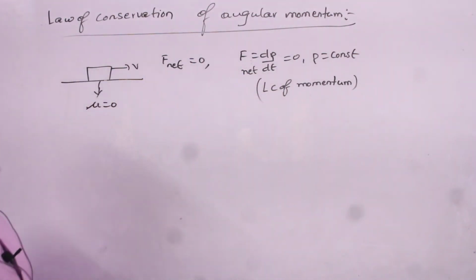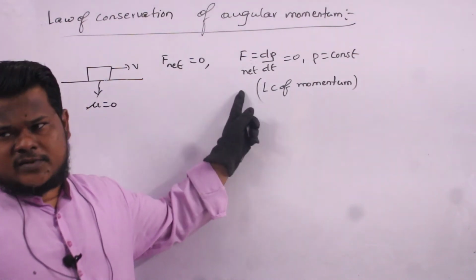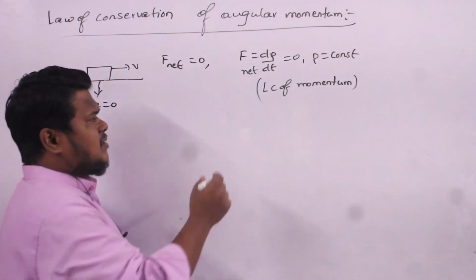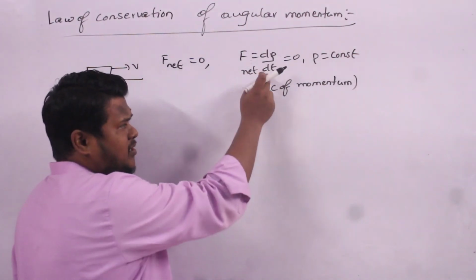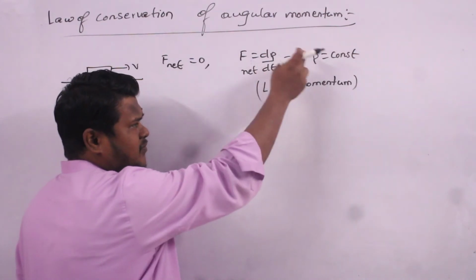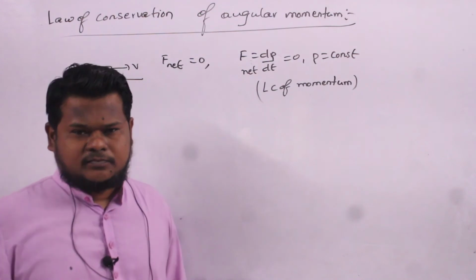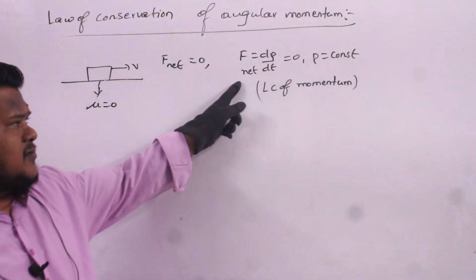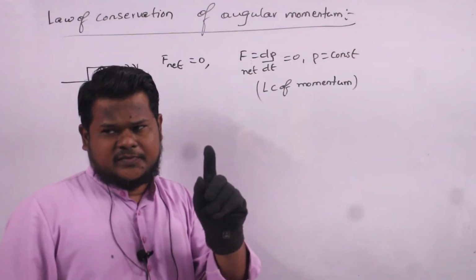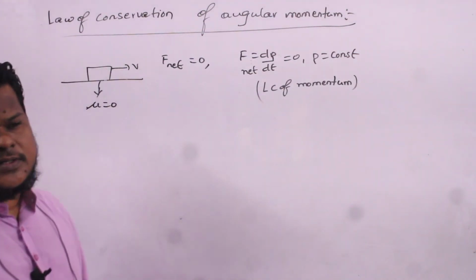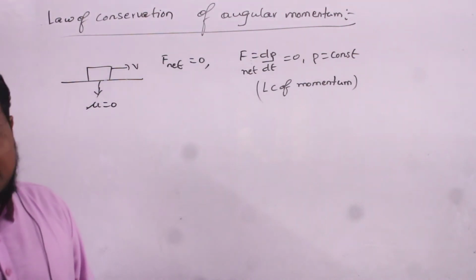The rate of change of momentum of a body is directly proportional to the net force acting on the body. If net force is zero, dp by dt is also zero. dp by dt can become zero only when momentum is constant. We already studied this. If the external force acting is zero, then the momentum of the body will never change. It always remains constant. That is called the law of conservation of linear momentum.